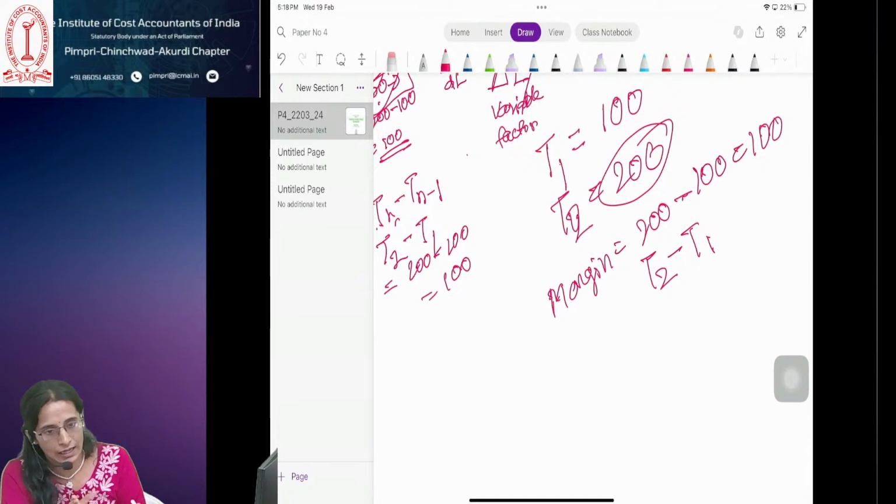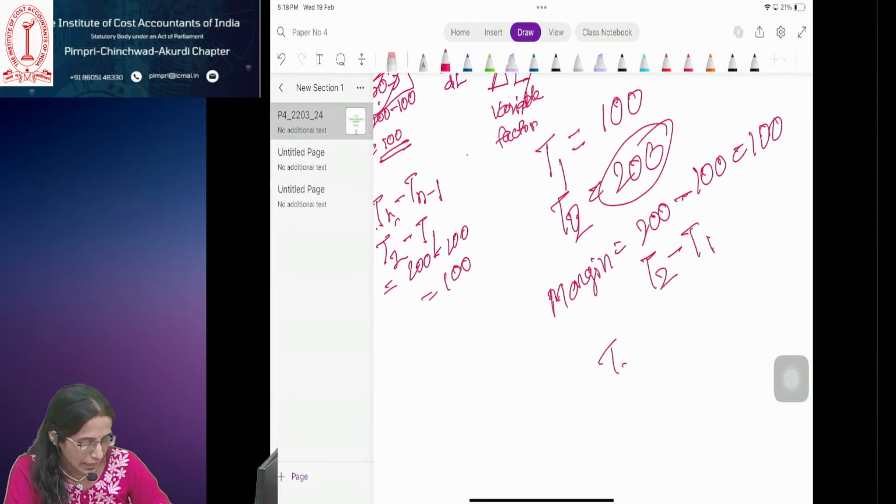So we are taking Tn minus Tn-1. Now clear?